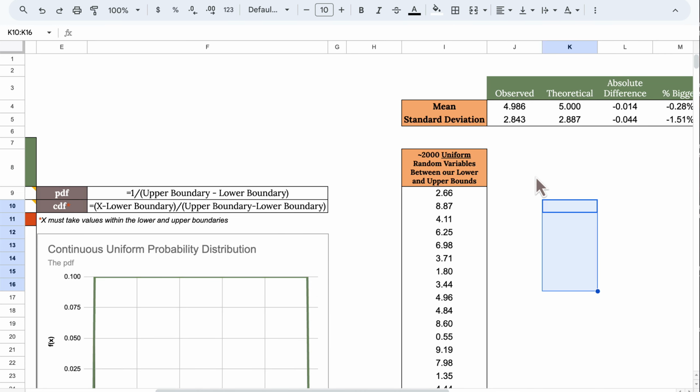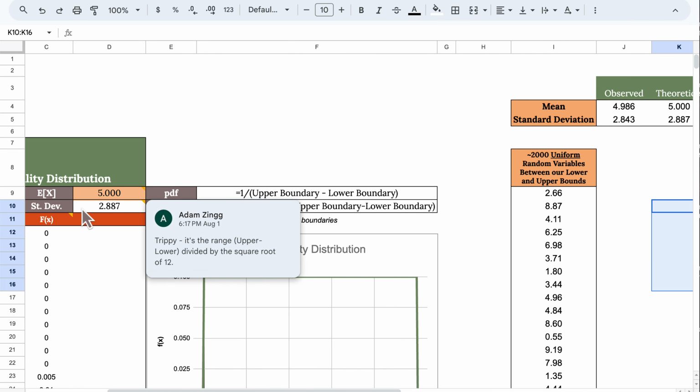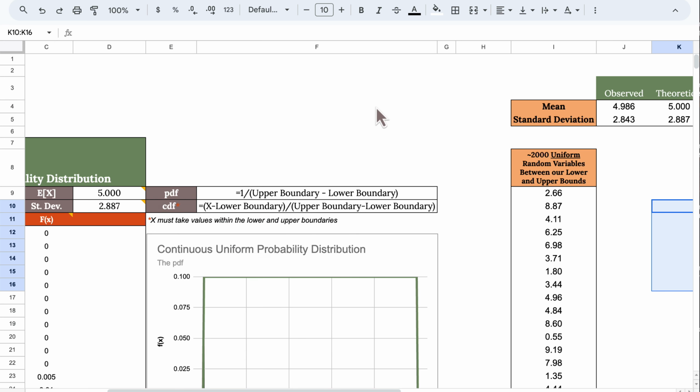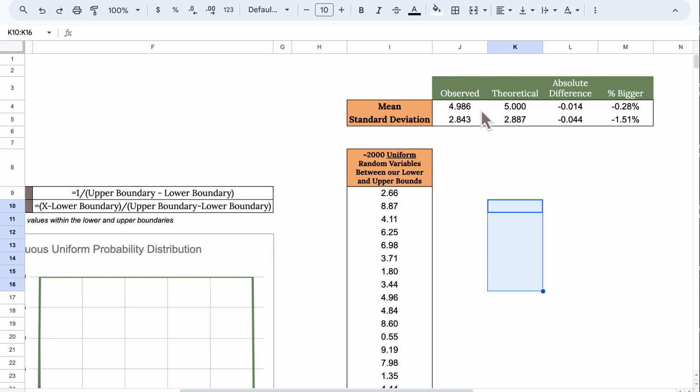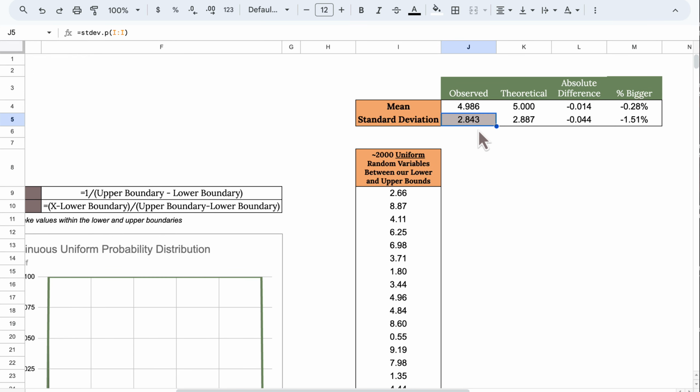Well, let's look and say my theoretical mean and standard deviation was set at 5 and 2.887. So with a list of about 2,000 values, what is the mean of these 2,000 values? Well, it came out to 4.986. And what about the standard deviation of these 2,000 values? 2.843. How does that stack up against the theory?